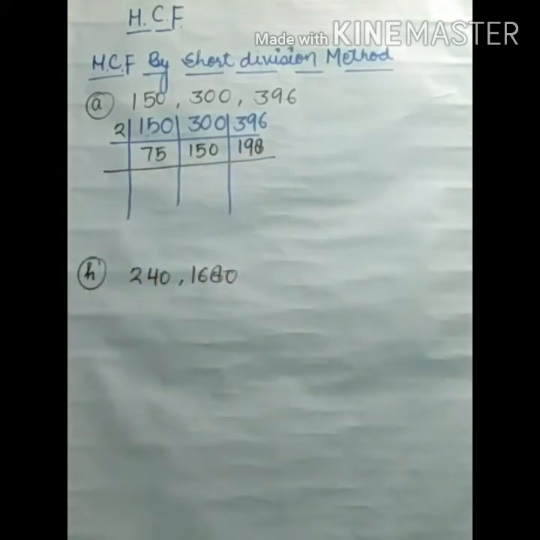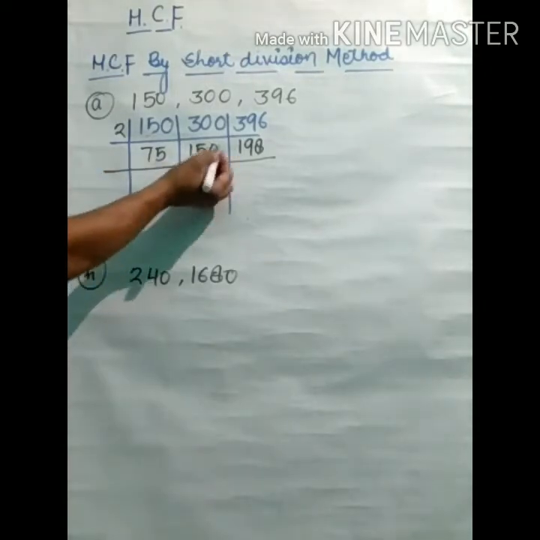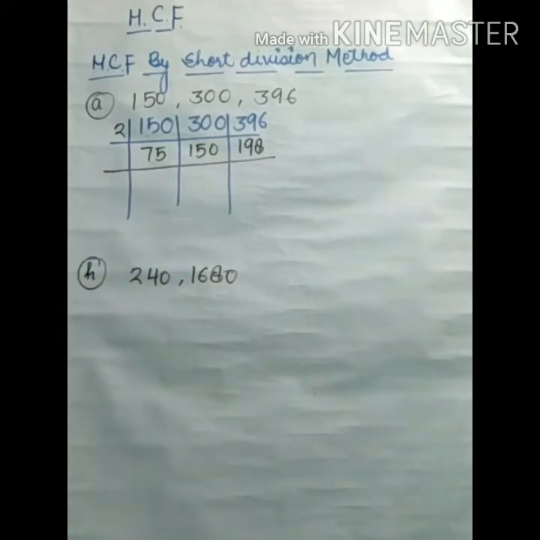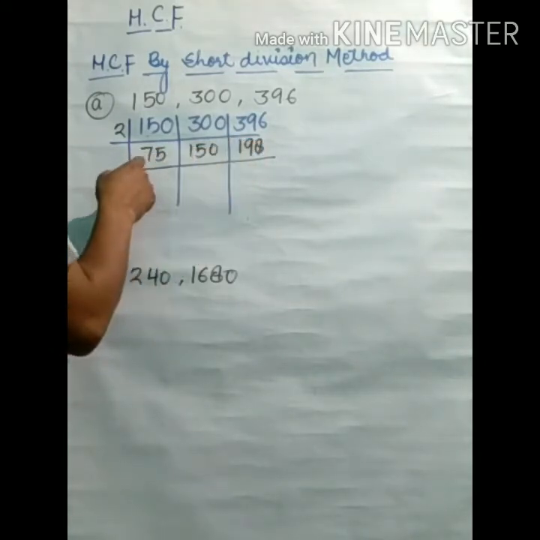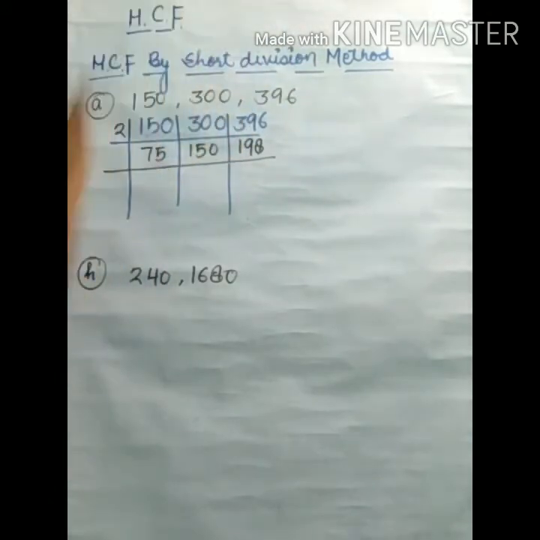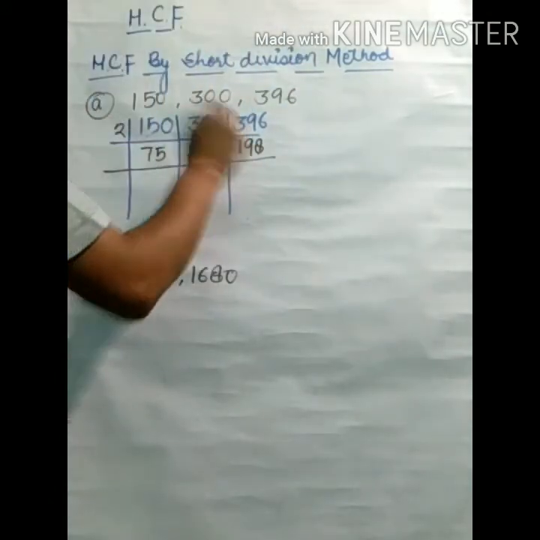Now you can see two of these are divisible by 2, but this one is not divisible by 2, so we will not divide here by 2.